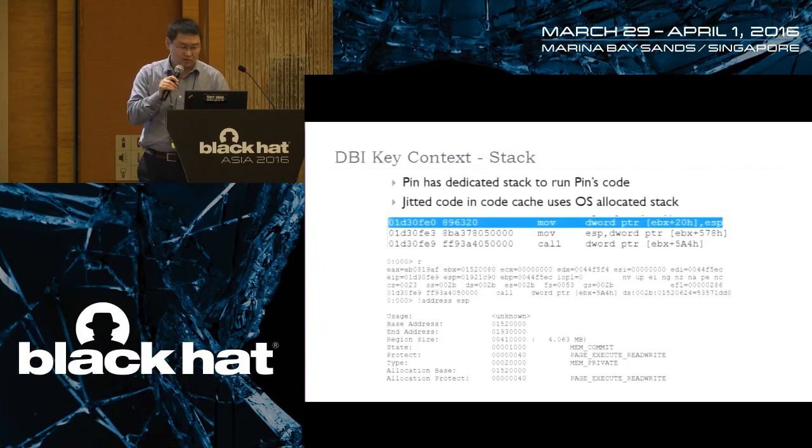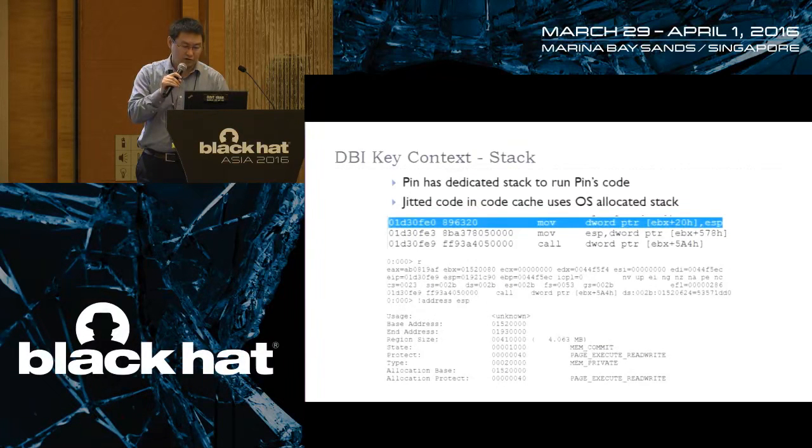Here, actually, I can show another interesting piece of data. If you run an instruction like E9, like here, at that time the ESP has already changed to the DBI's, Pin's stack. So you see this value.